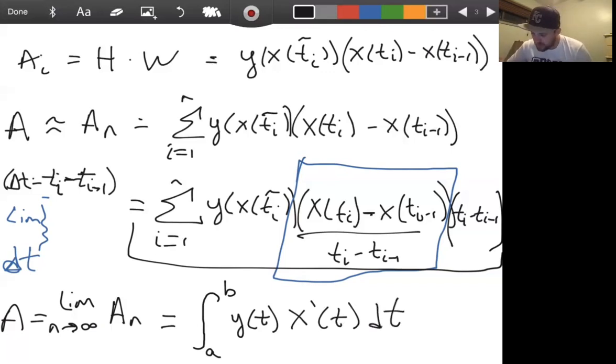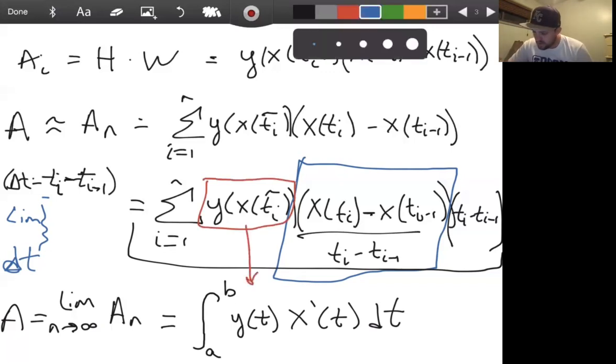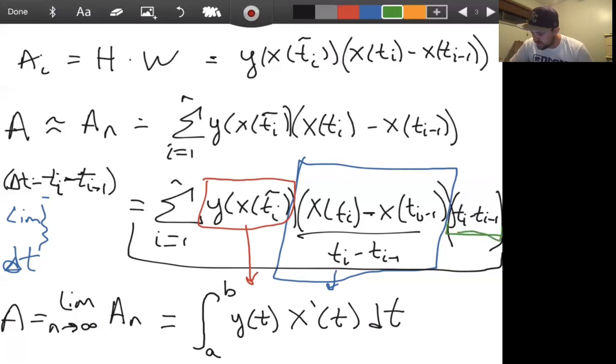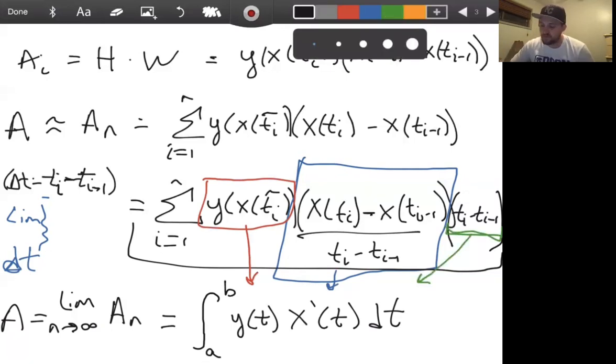After you take the limit, this piece turns into y of t. This piece in blue turns into x prime of t. And the change in t turns into dt. And we now have a formula for area under a parameterized curve.